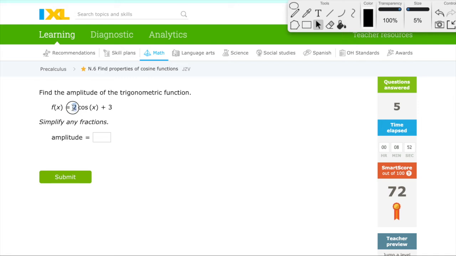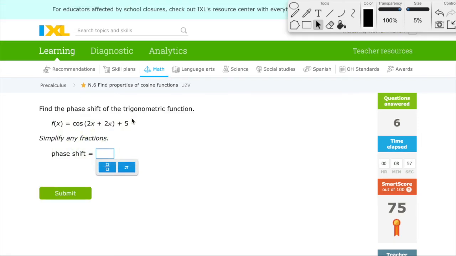Amplitude, now you see how that's changed. So now it would be like a 2. Does it give us anything else? Okay, so this one you might run into phase shift. Phase shift is talking about picking up the whole graph and moving left or right. It deals with this whole part in parentheses there.